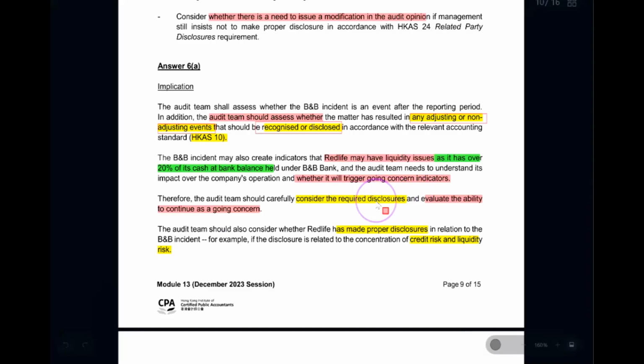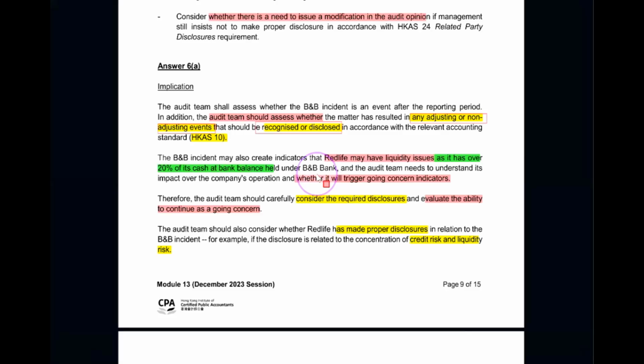Okay? Think about it. If your client does not have significant cash in BNB Bank, let's say only like 0.5% of the cash is being kept at BNB Bank, then this is not a significant subsequent event. You probably do not need to disclose anything because it's immaterial.